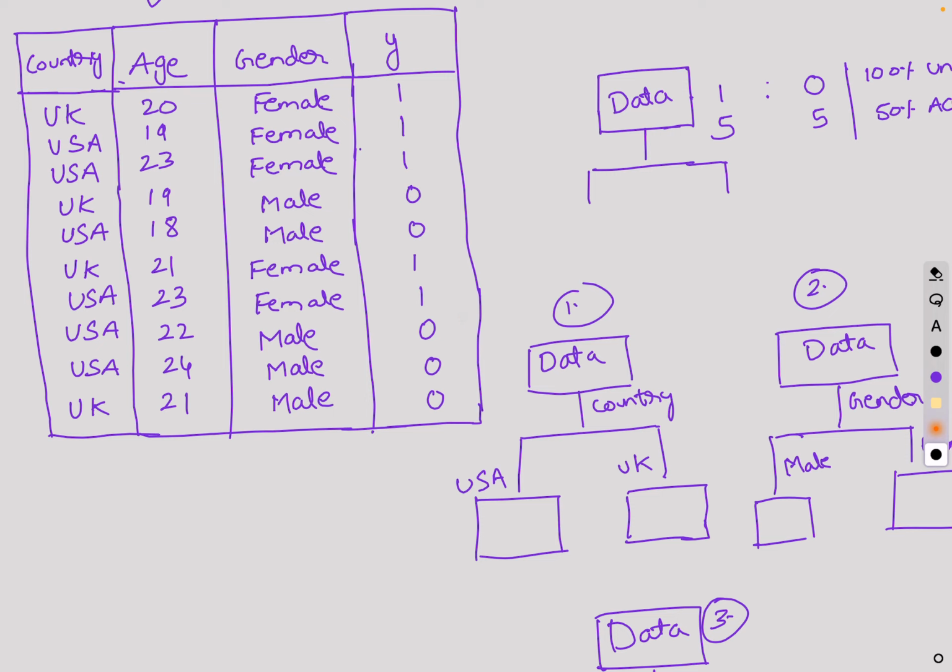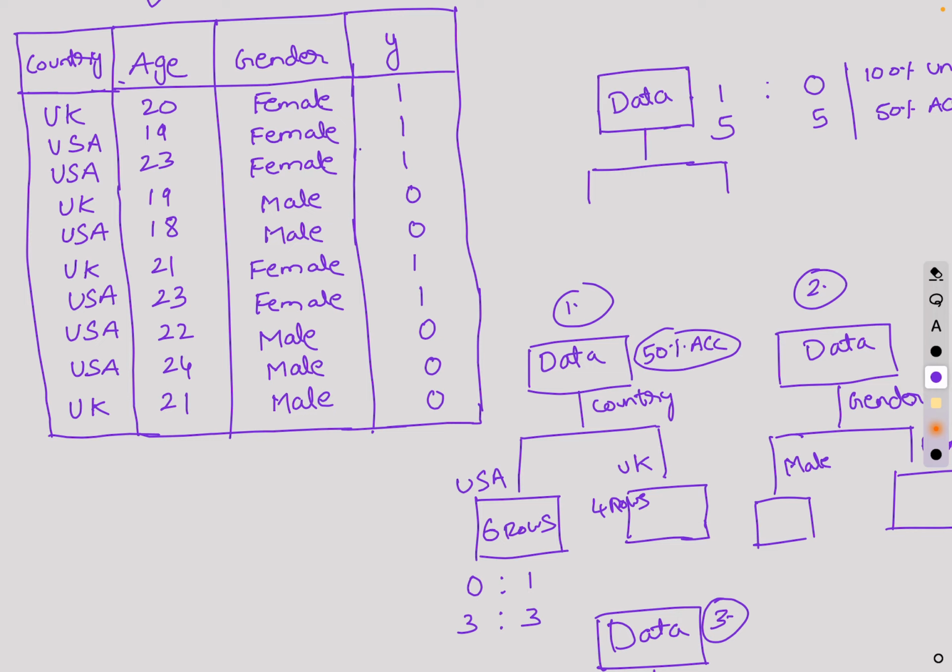I have got 6 records, and here I have 4 records. 3 records belong to class 0 and 3 records belong to class 1. Initially I had 50% accuracy at this point.